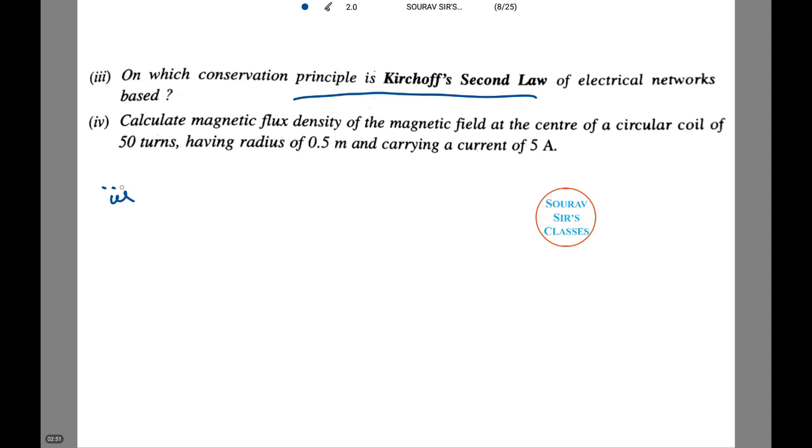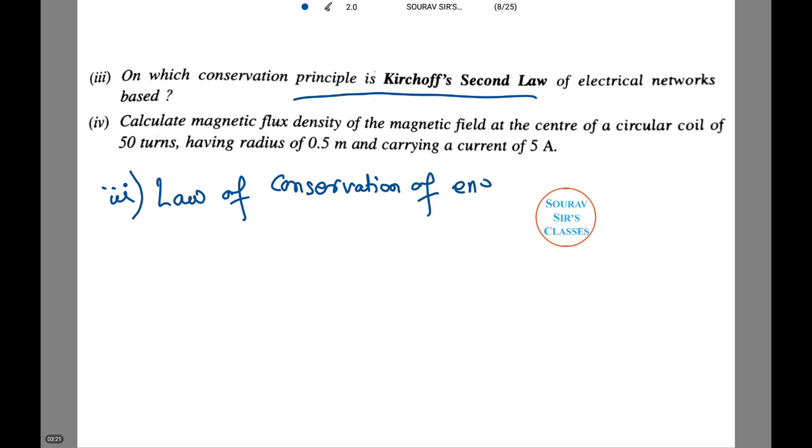The answer is that Kirchhoff's second law of electrical networks is based on the conservation of energy, as the energy remains constant throughout the entire circuit.